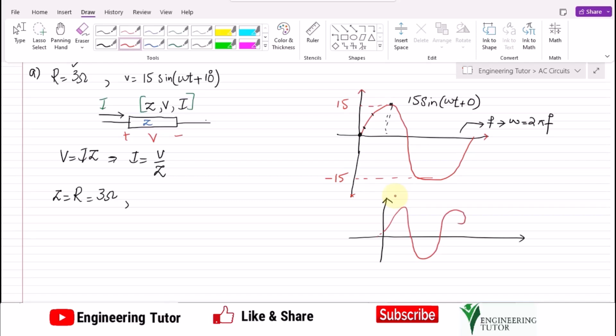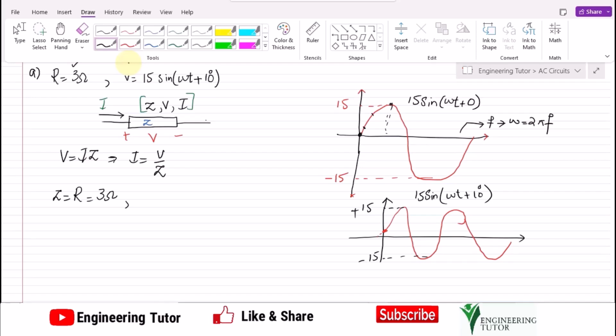This is now starting from 10 degrees, and that is the phase shift or the phase angle it has. This waveform is between plus 15 volts and minus 15 volts, and it is 15 sine of omega t plus 10 degrees.